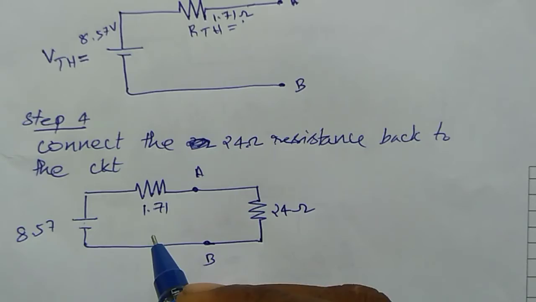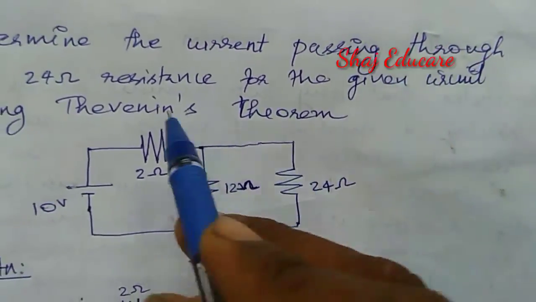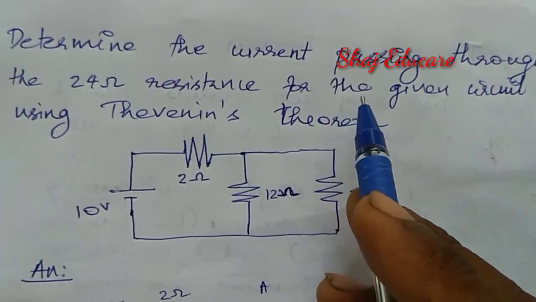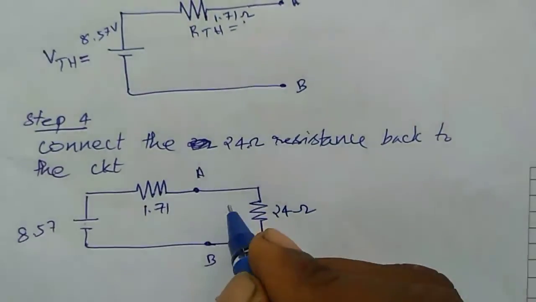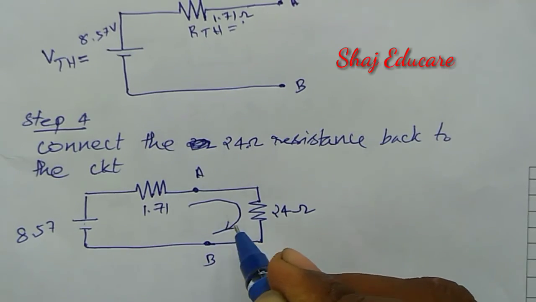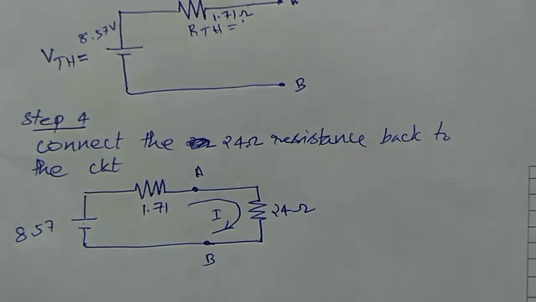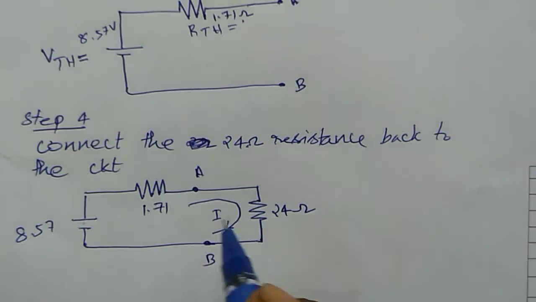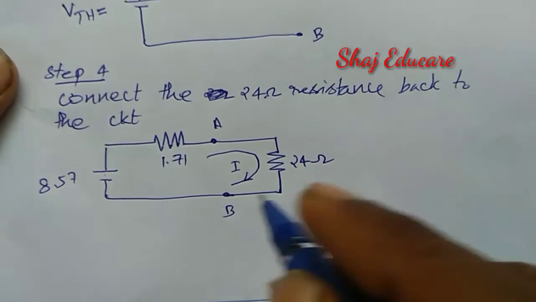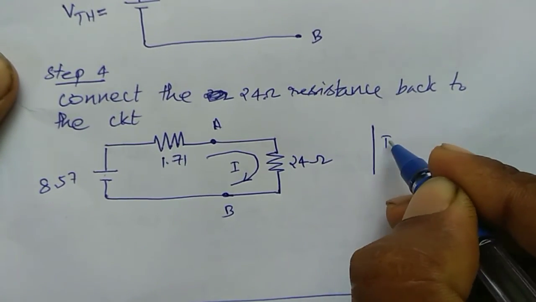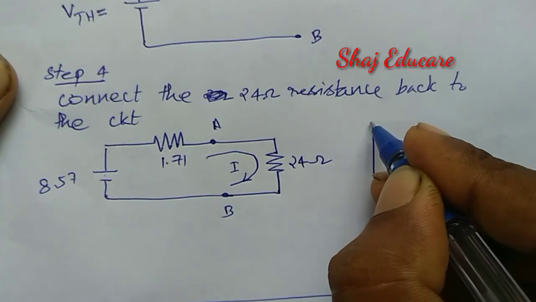Now let us get back to our problem. The question is to find the current passing through the 24 ohm resistance, that is, the current in this loop. How can we find that? Simply speaking, current is equal to potential difference divided by total resistance.